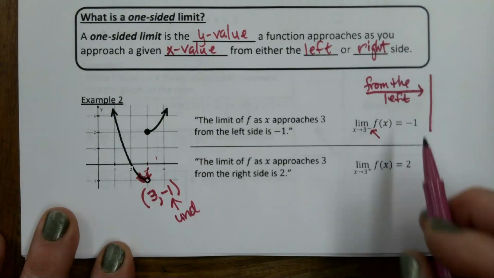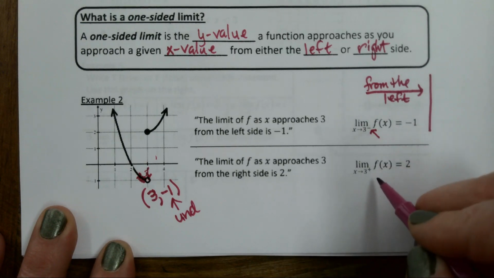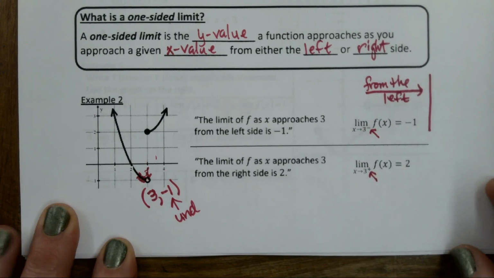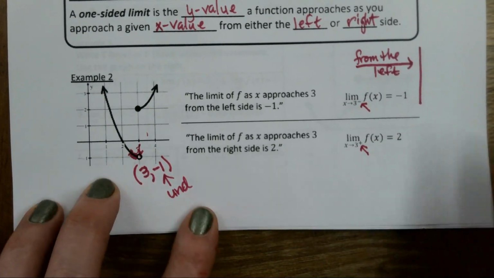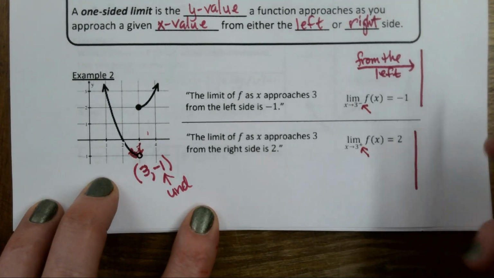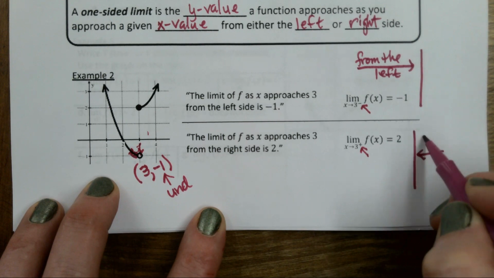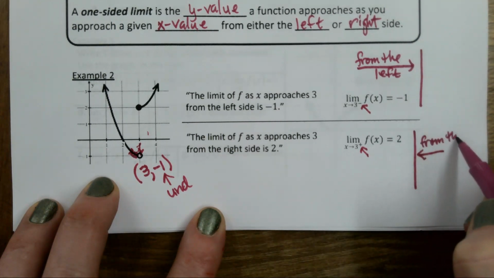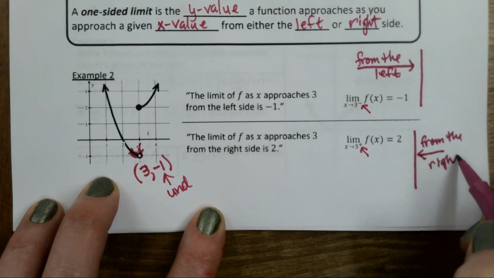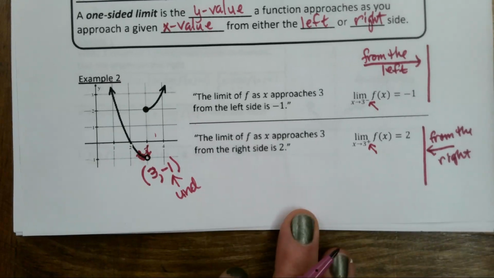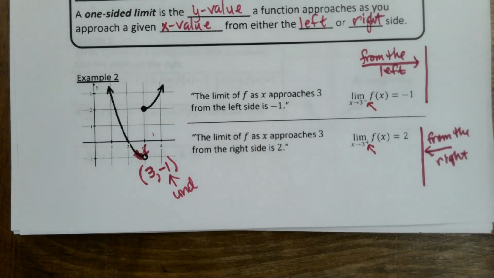If I am looking from the right, so now I'm approaching from the right. Again, if I could draw that wall at 3, this direction is from the right. So I'm not headed to the right, I'm coming from the right-hand side.